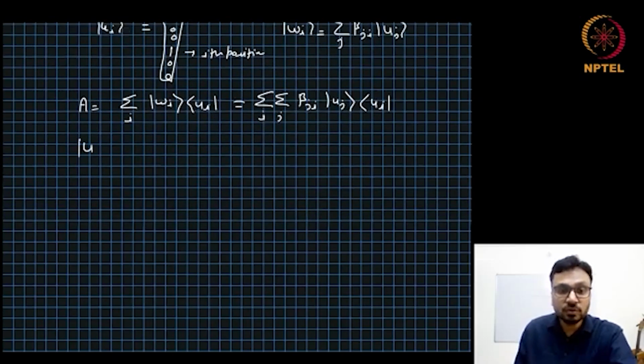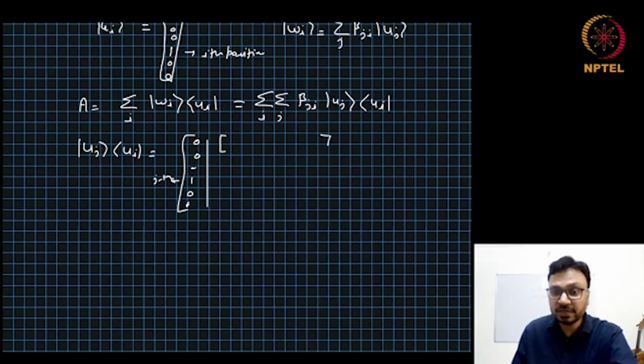Now what is |uj⟩⟨ui|? It is a vector which is 0, 0, 0, 1, 0, 0, with the 1 at the jth position, times its Hermitian conjugate, which is 0, 0, 1 at the ith position.